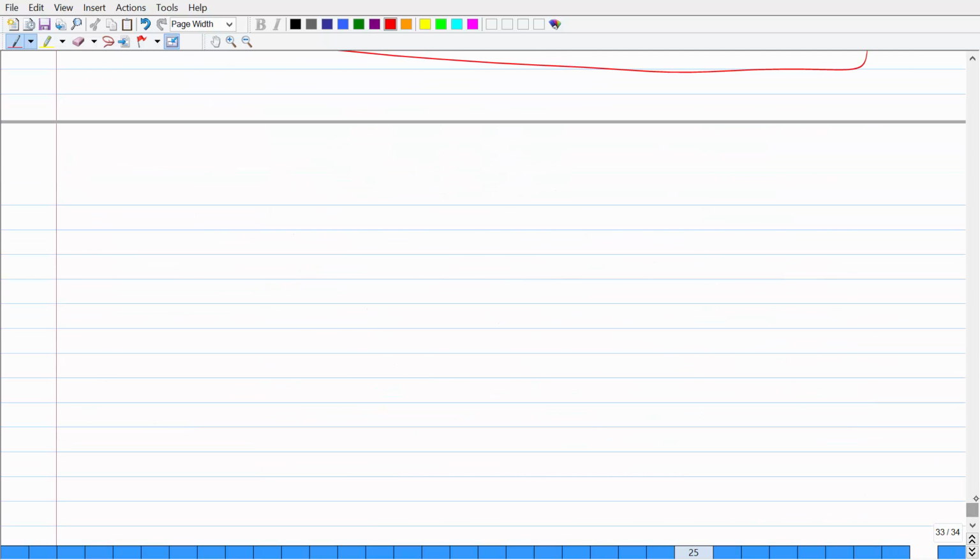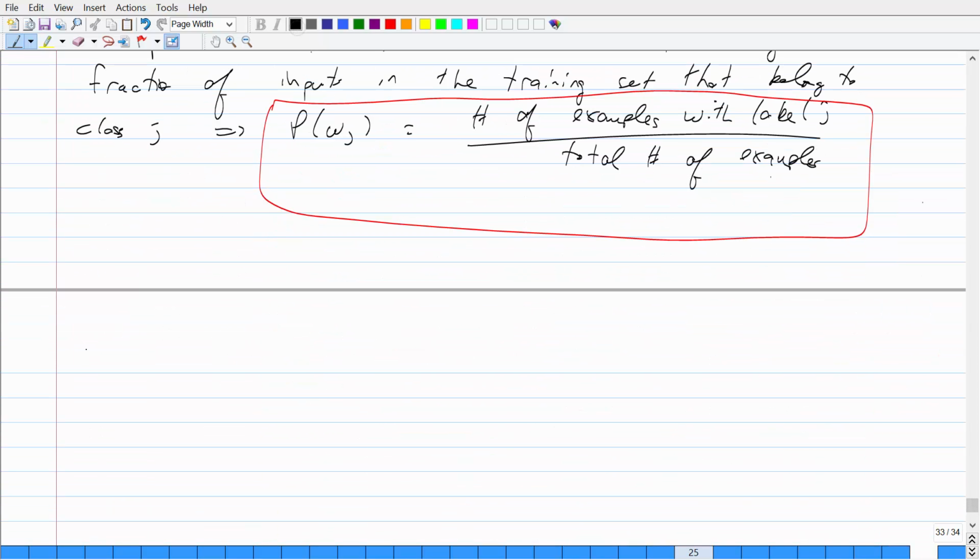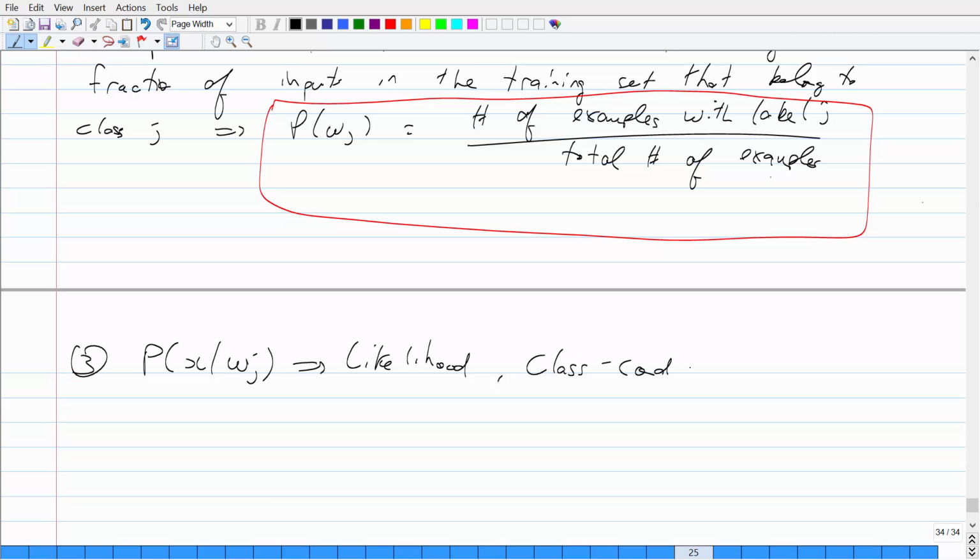Okay, and if you want to calculate the next part here, so this is the likelihood, or the class conditional probability. What you're doing here is computing this.